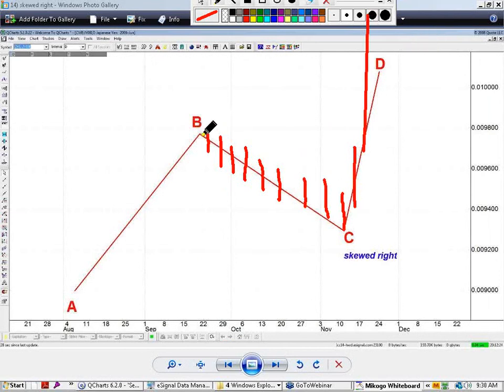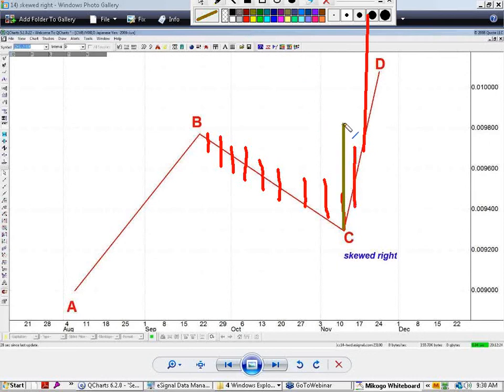So relative to the downward move, the pullback at point C, this downward move takes a lot longer than the move to go right back up and above point B. As price action broke above point B, it's coming through with a head of steam. This is what would cause point C to be skewed to the right.